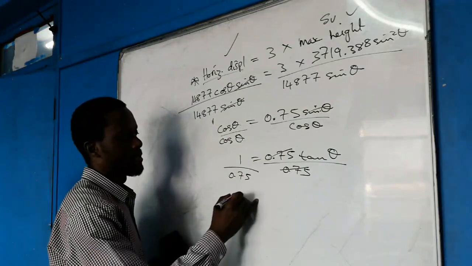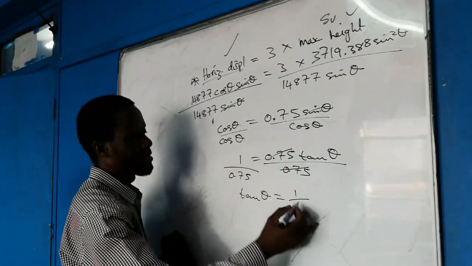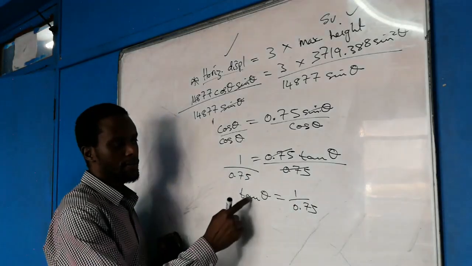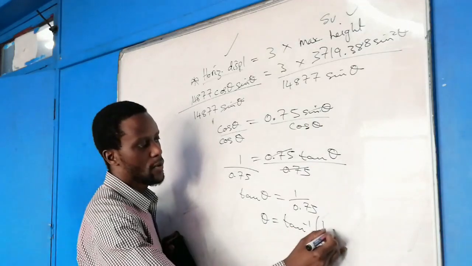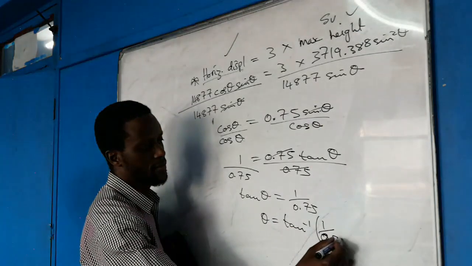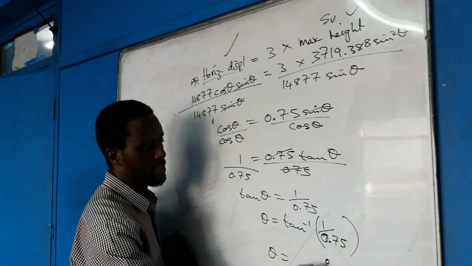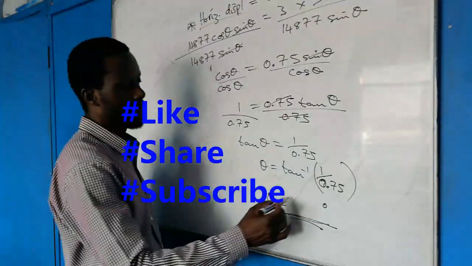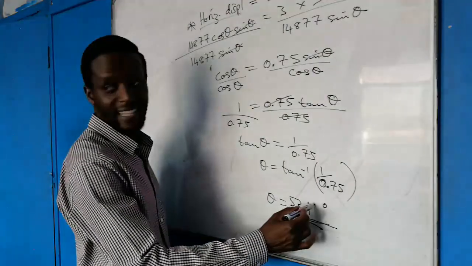Tan theta is equal to 1 over 0.75. So theta is tan inverse of 1 over 0.75. Now you punch that in degrees.